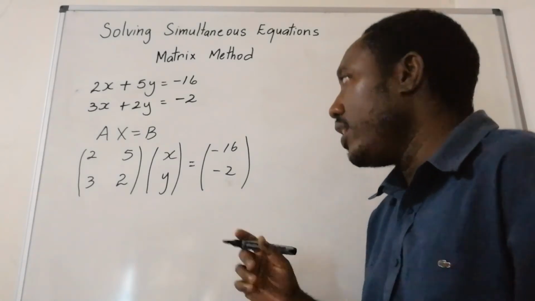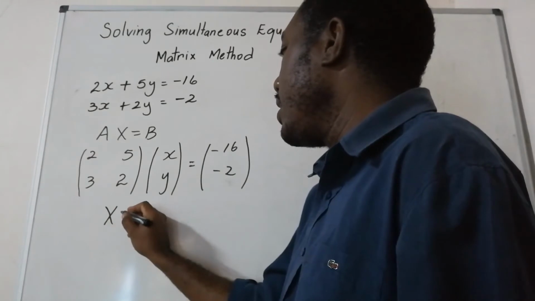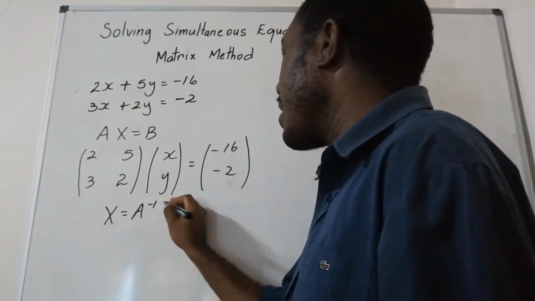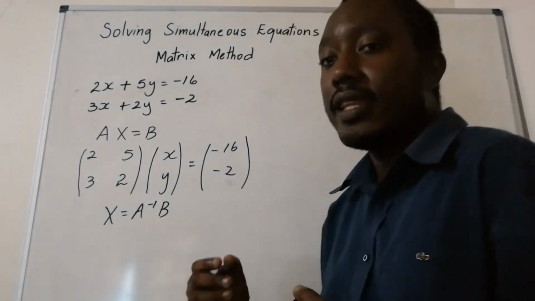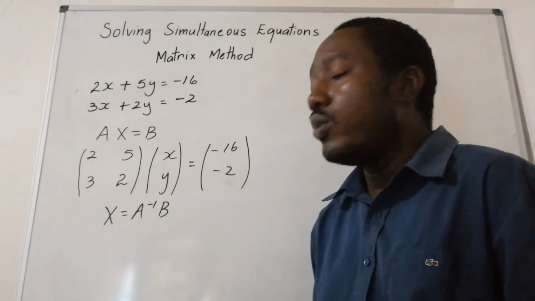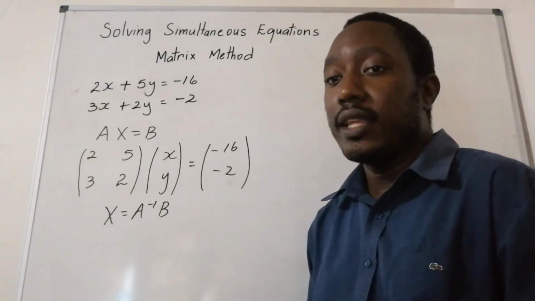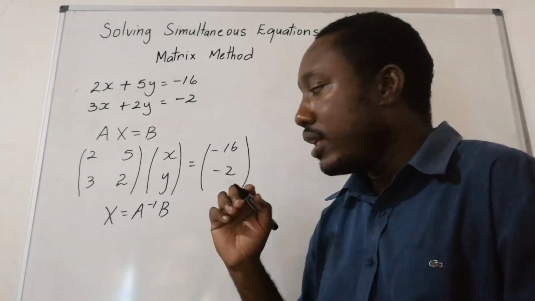The next thing we need to remember is that if we need to find x, we need to find the inverse of A. A inverse times B will give us x. So we have to find the inverse of A. How do we go about finding the inverse of A? What is the first thing we need to find? Yes, we need to find our determinant.